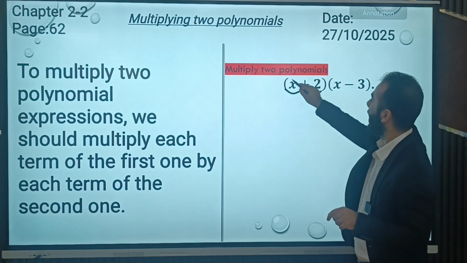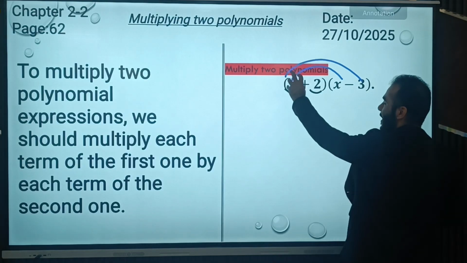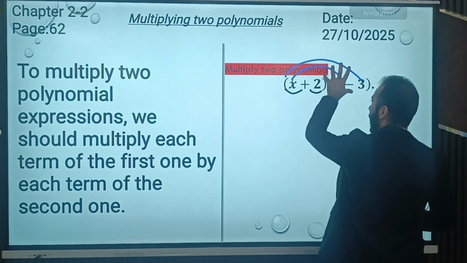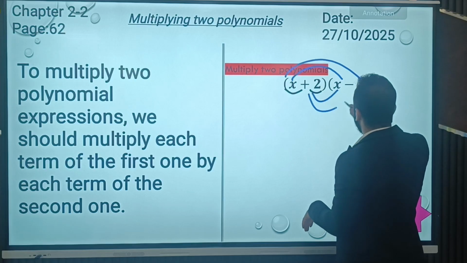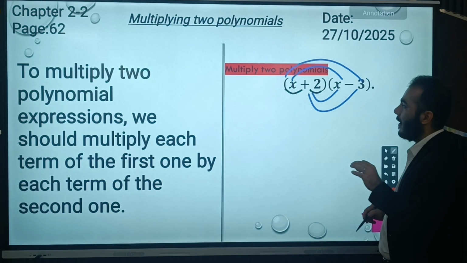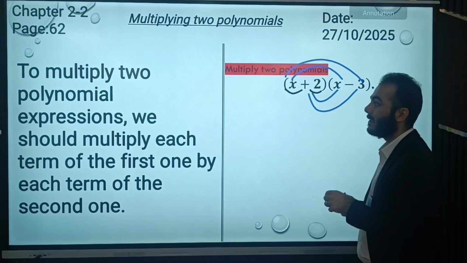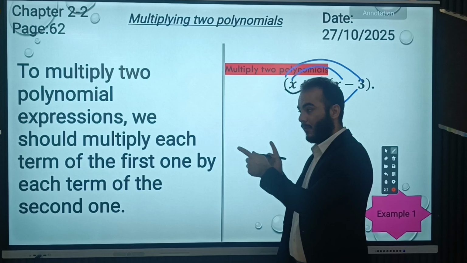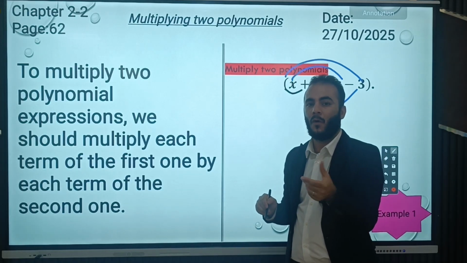It means x times x, x times negative 3, and then 2 times x and 2 times negative 3. This is exactly what we are going to see in the next slide, and it has a specific name. It is a method called the FOIL method.